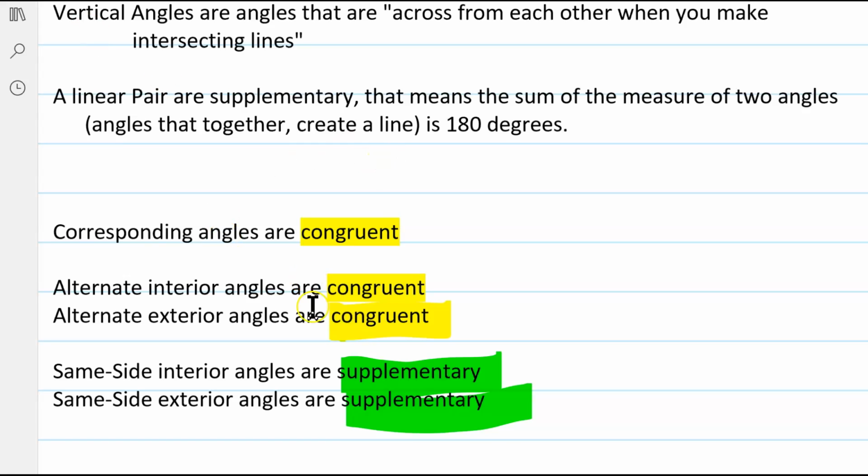Okay, so you should notice that there are 3 of these yellow highlights, 2 of the green ones. So there are only 2 that are supplementary. So if we could remember which ones are supplementary, we're good to go. So let's see if we could figure a way to be able to remember that.